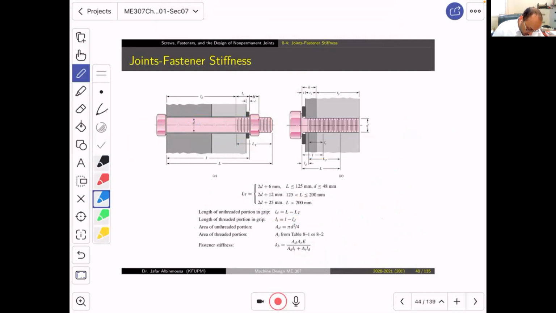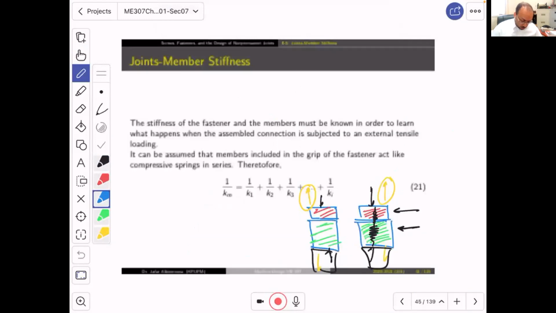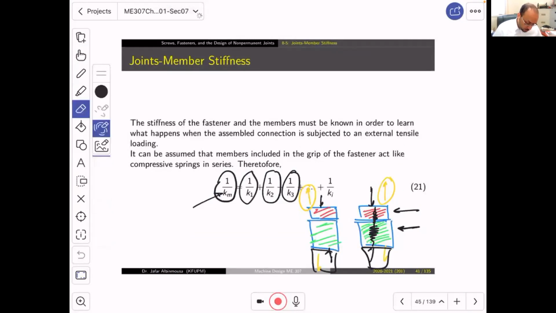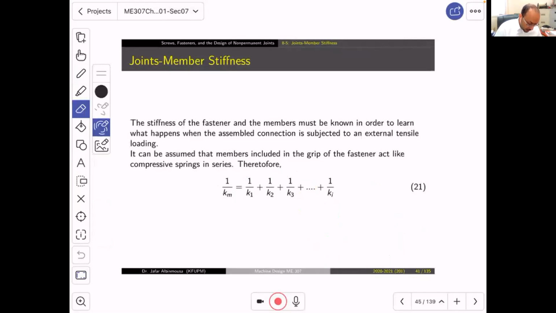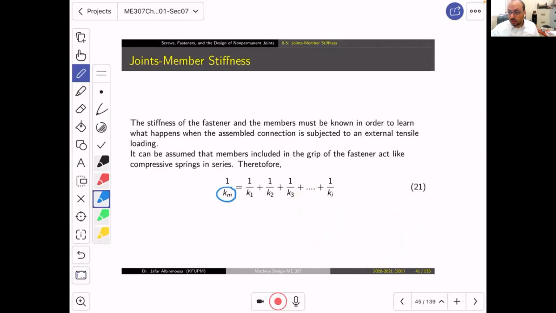This is the stiffness of the bolt, this is KB. Now, what I told you is that we are going to study KM.